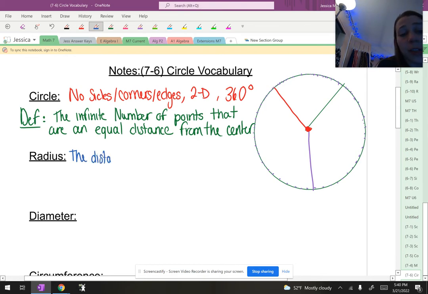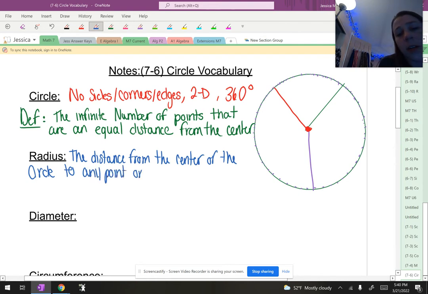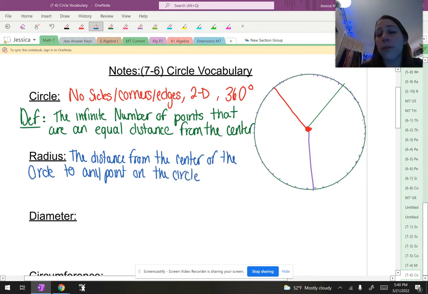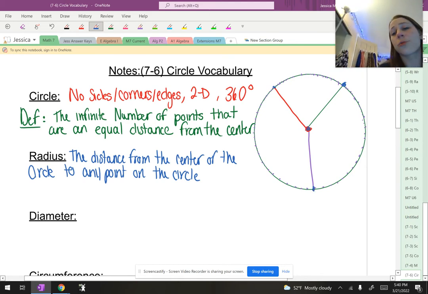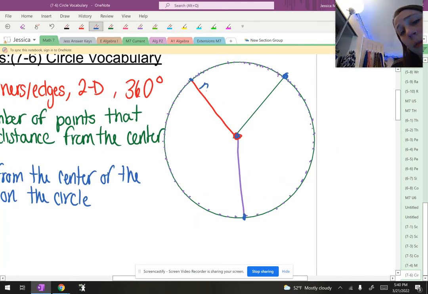So the radius is the distance from the center of the circle to any point on the circle. So again, from the center to any point on that circle. Each one of those three things that we created is a radius.